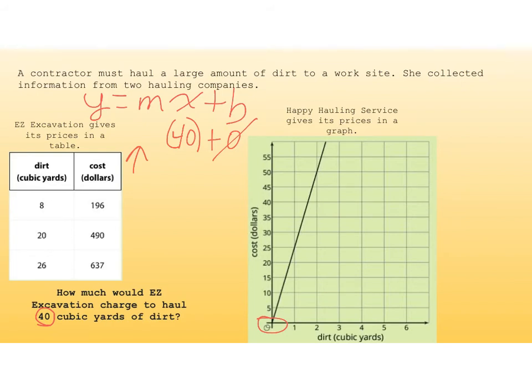So keep this in mind here. How much is it going to cost Easy to haul 40 cubic yards of dirt? You find the cost per yard and then plug that in right here. Okay. And over here, just use the graph. It's pretty easy. Find how much per one, follow it up, and what we get there.